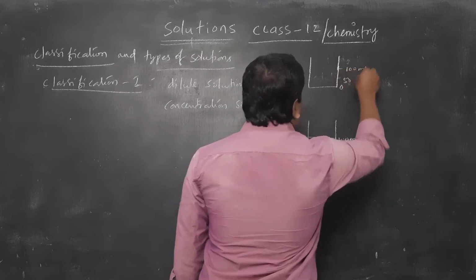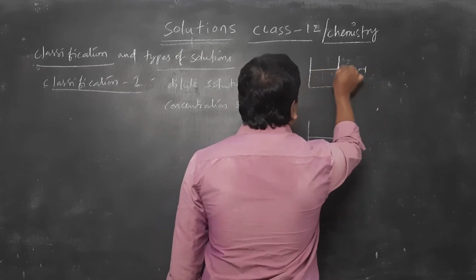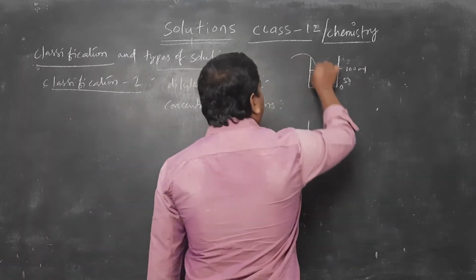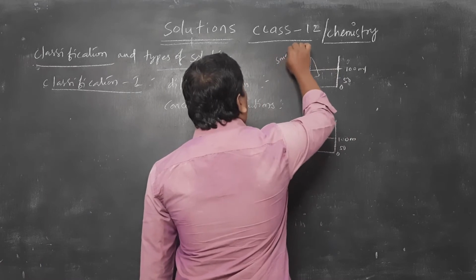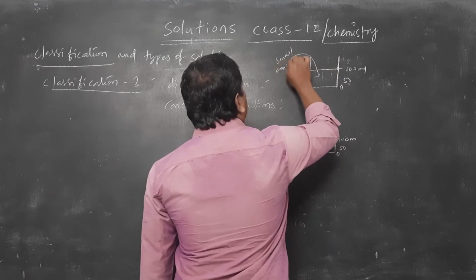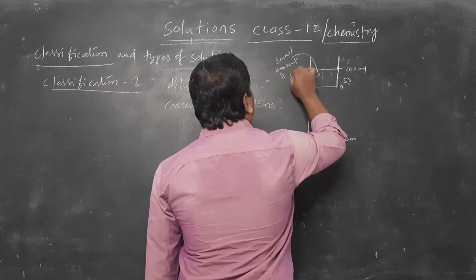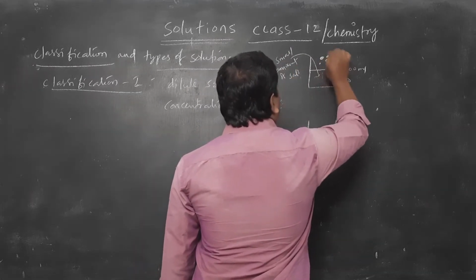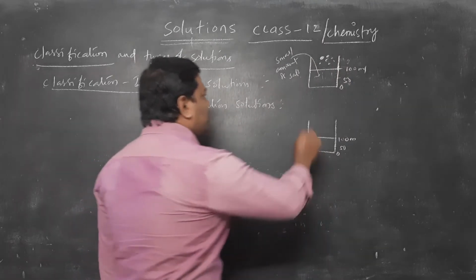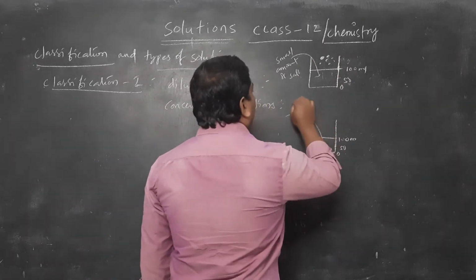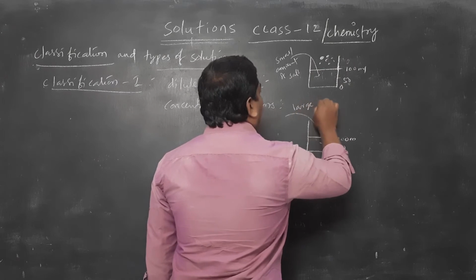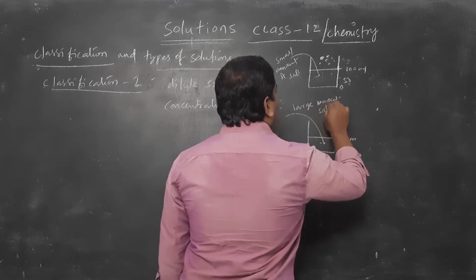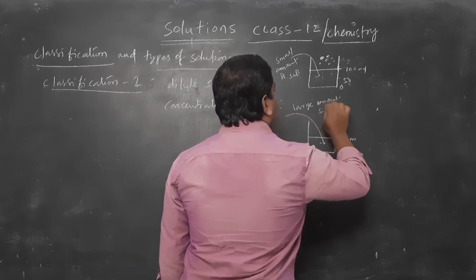You take the same quantity of water here and here also. Add a small amount of salt in the first. In the second, add a large amount of salt, an excess amount.